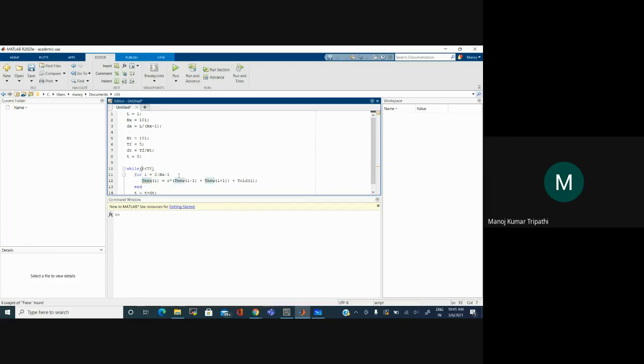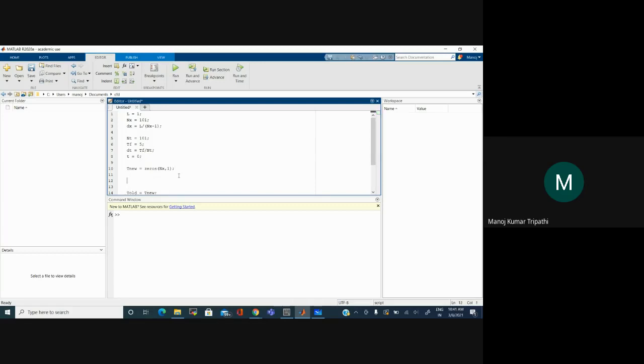Now what is this T_new? We need to define this. T_new is zeros(nx, 1). And we will see that we don't need T_old, but let us just write it as T_new.